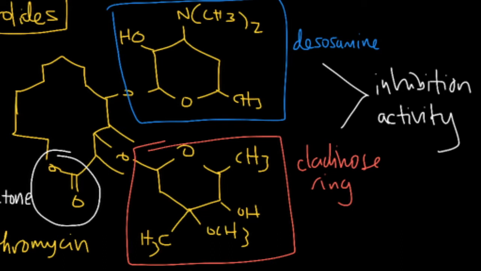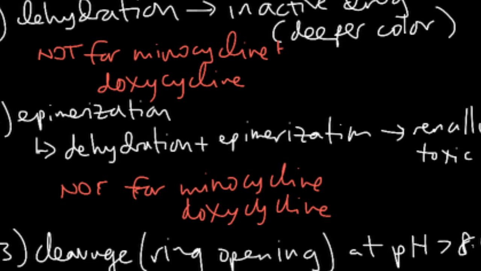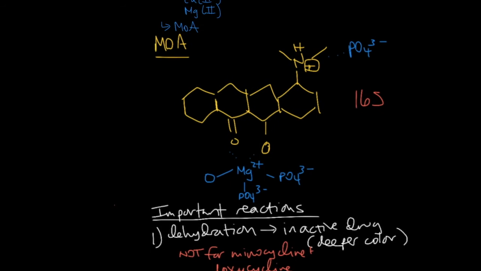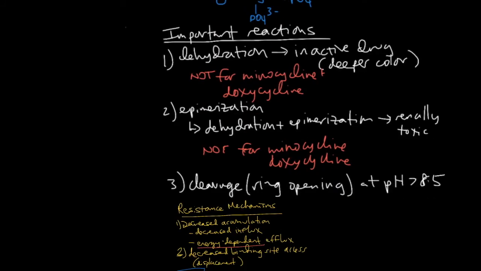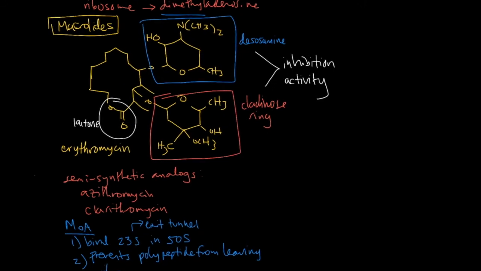Another cool thing about this structure is that remember earlier when we protonated the amine over here, and this interacted with the ribosome by a phosphate group. In the same way, if you protonate the amine in your macrolide, you get the same binding in the ribosome.